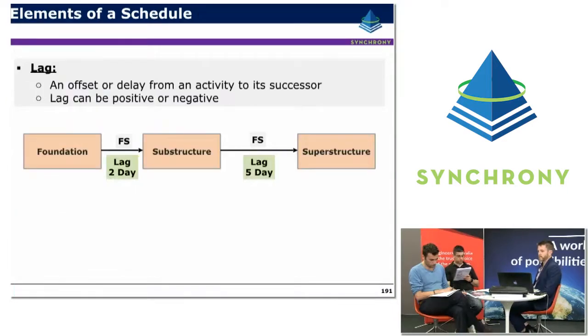A lag is an offset or a delay that's added to that relationship. It's a delay for an activity to its successor, and it can be positive or negative. So ideally, particularly in a detailed schedule, the goal is to not use lags too much. So where possible, an activity should be defined.